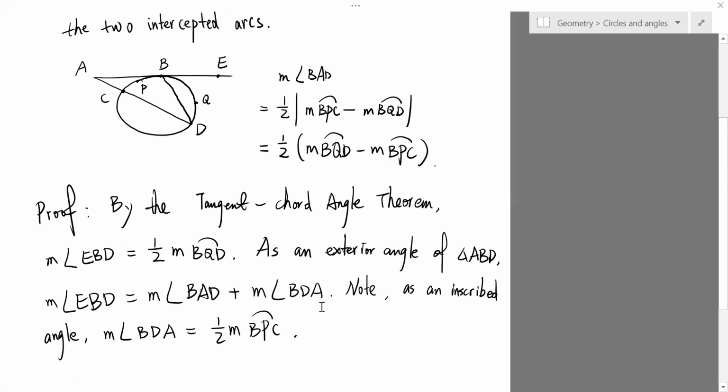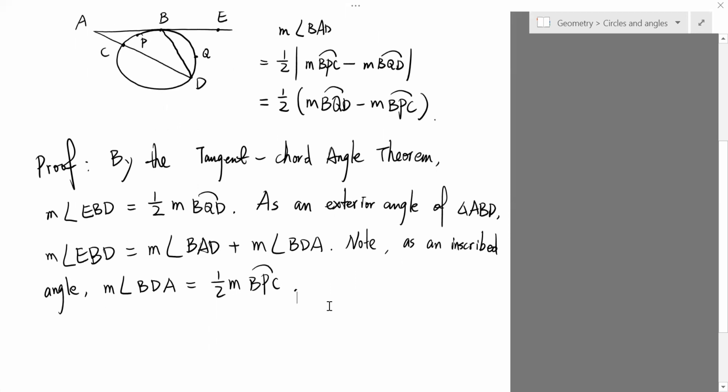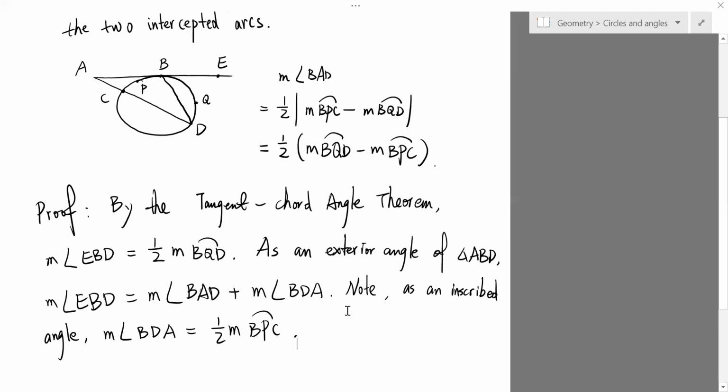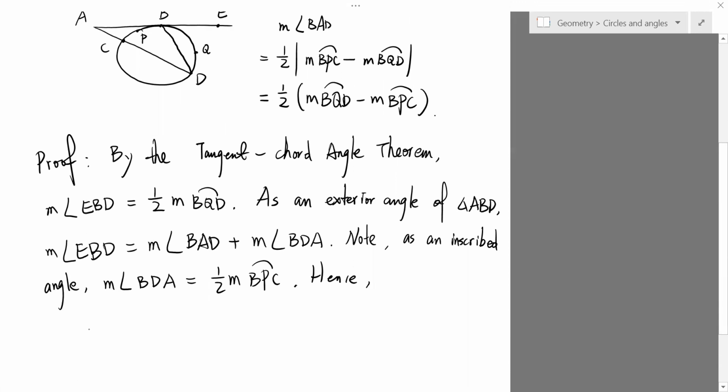Now, putting things together, we have the following conclusion, that the measure of the angle BAD, which is the measure of the angle that we're going to find, equals the difference between the measure of the angle EBD and the measure of the angle BDA.